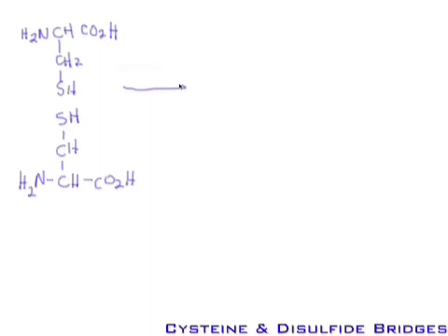I draw it as an equilibrium, though it's really not. We can oxidize, and we use O in square brackets to indicate oxidation, and produce a disulfide linkage.